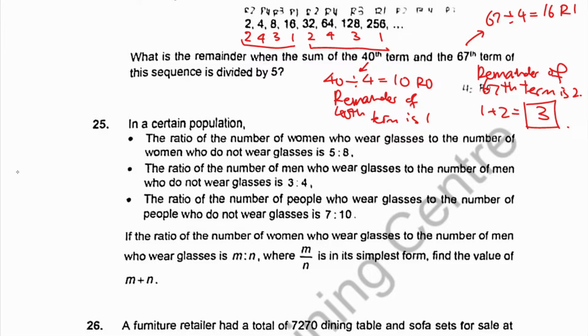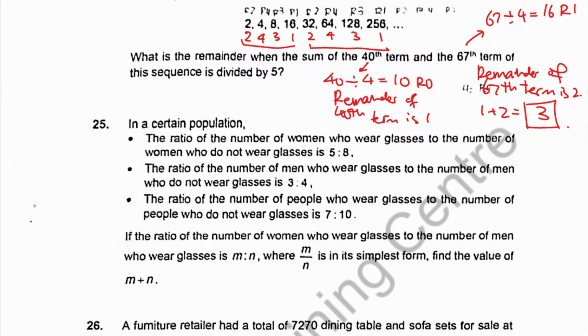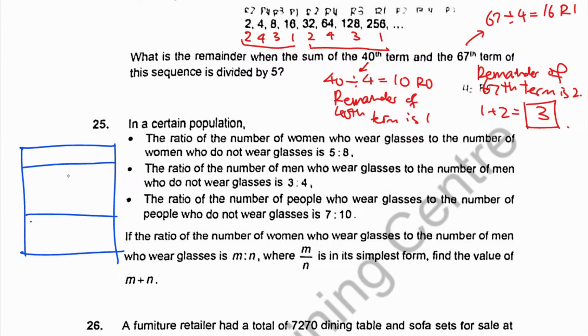Question 25. In a certain population, the ratio of... okay, let's draw a table for this. So this is men and women. This is glasses and no glasses. The ratio of the number of women who wear glasses to the number of women who do not wear glasses is 5 to 8.